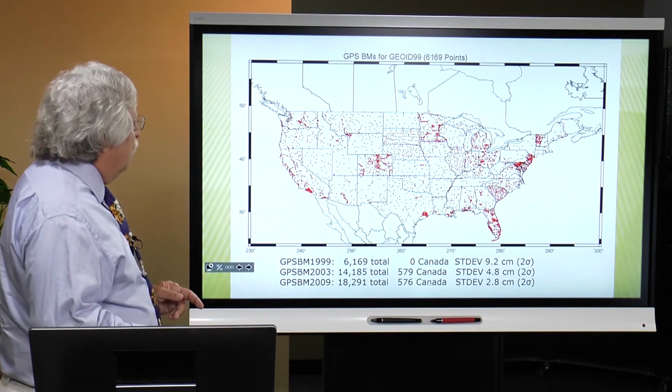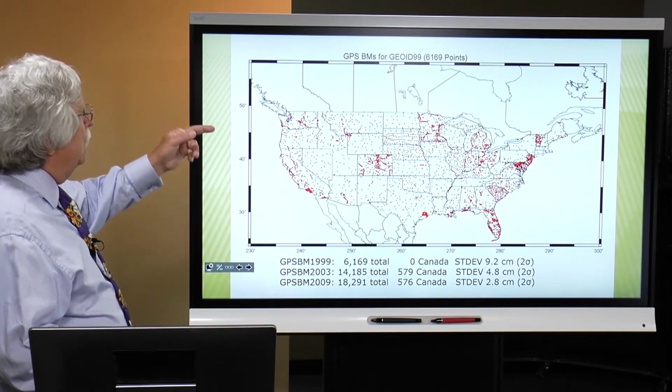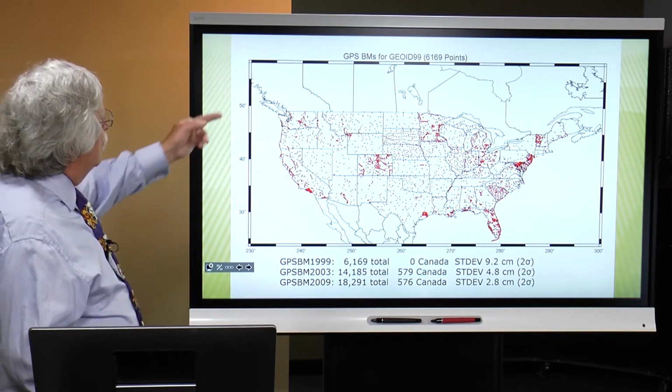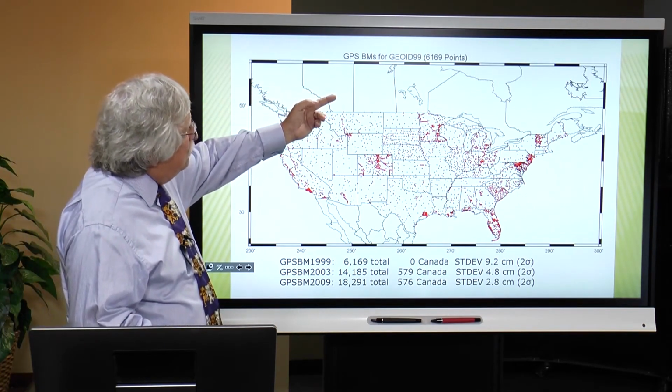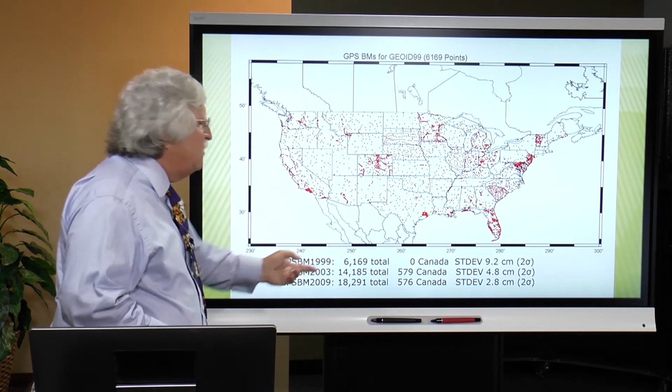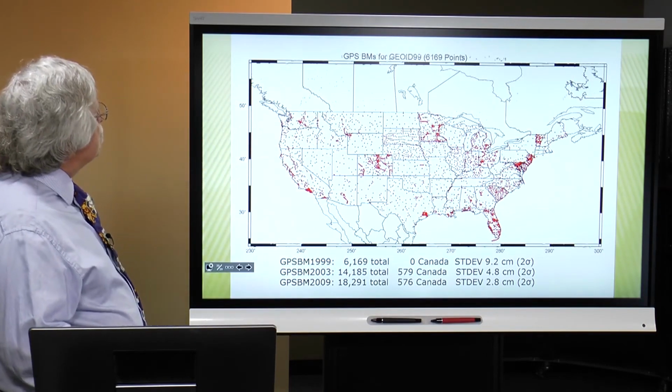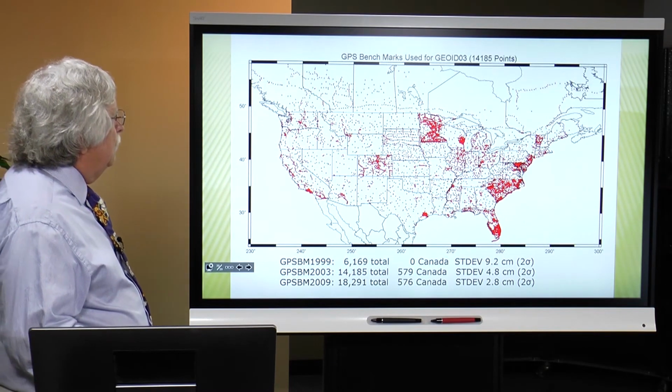Okay, so let's kind of follow the bouncing ball, as they used to say in the old days. Let's move forward a few years in time from Geoid 99 to Geoid 03, and we're going to go from about 6,200 to 14,000 GPS on benchmarks. And look what's happening.